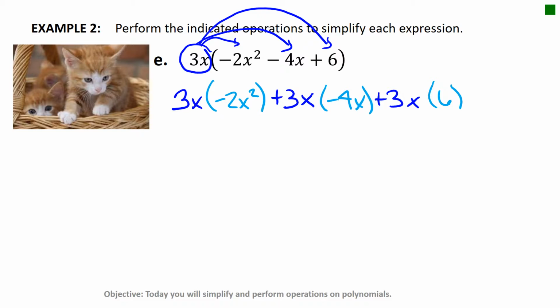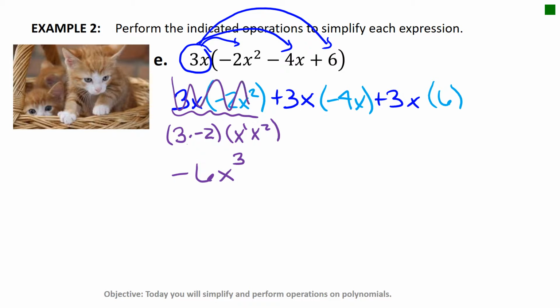Then if you look at this, we've got houses. Right here, if I just ignore all this, and this was my only problem, I'd be putting 3 and -2 in a house, x to the first and x squared in a house, right? 3 times -2 is -6, and how many x's are in my house? 3. Now I'm ignoring this because this is my next term.